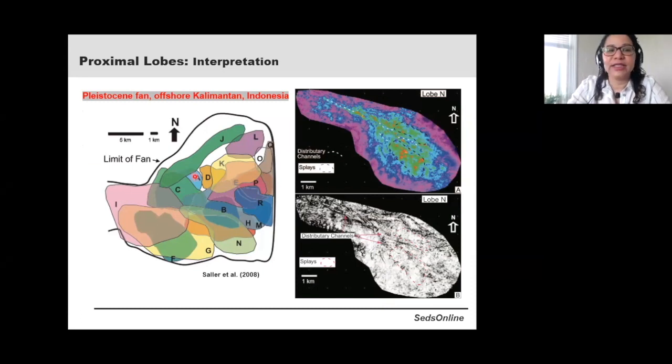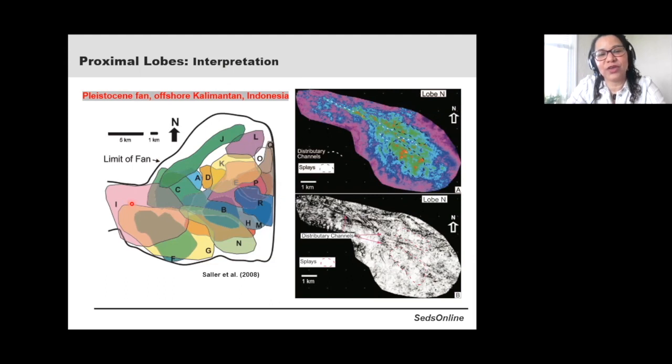So this is not uncommon to find. And one thing that we see is that there is a big similarity in the dimensions of the units that I established in the outcrops, and the distributary channels and terminal splays that were defined in this example in Indonesia.